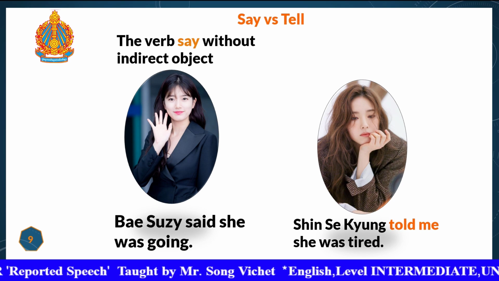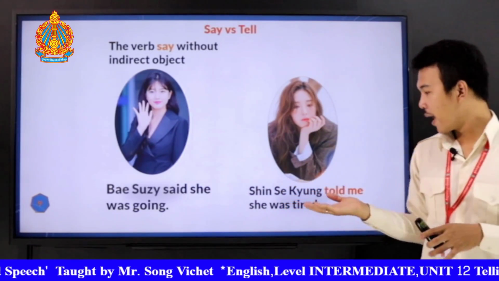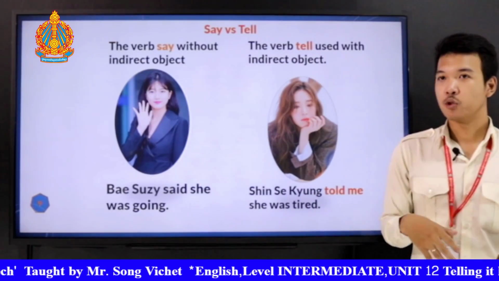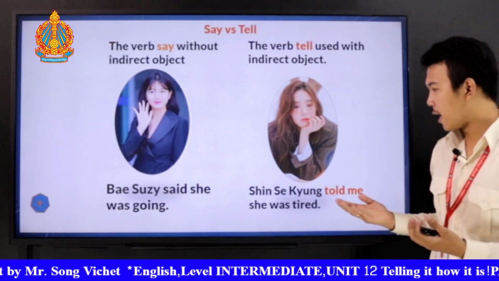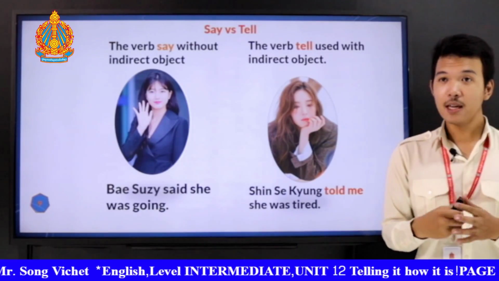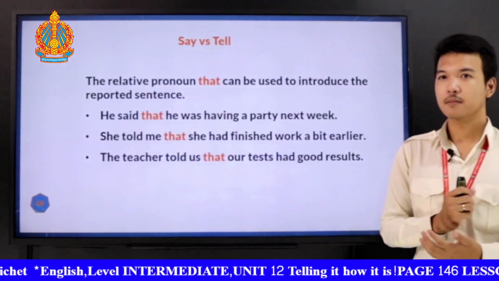As you can see here, "Susie said she," so there's no indirect object, whereas tell, we use it with an object. That is why "Sean told me," so "me" here is the indirect object.